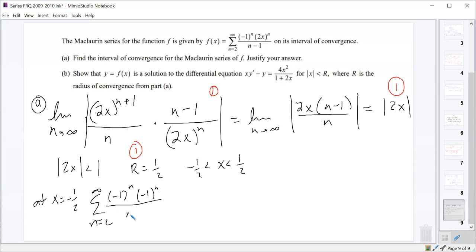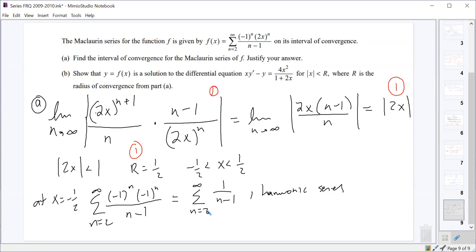And in our denominator, it should just still be n minus 1. And what does that become? That's the sum from n equals 2 to infinity of 1 over n minus 1. And what do we know about that? This is the harmonic series.